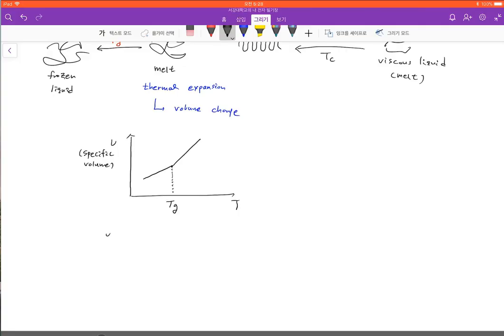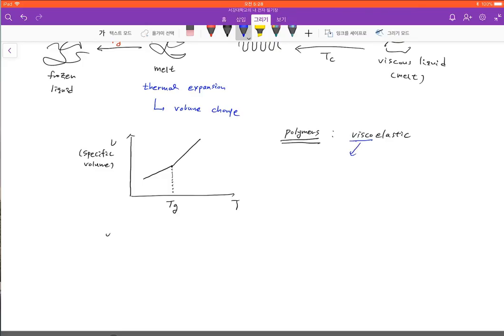The interesting thing about glass transition temperature is that it is a viscoelastic phenomenon. So we need to show what a polymer is. We usually say that polymers exhibit viscoelastic behavior.